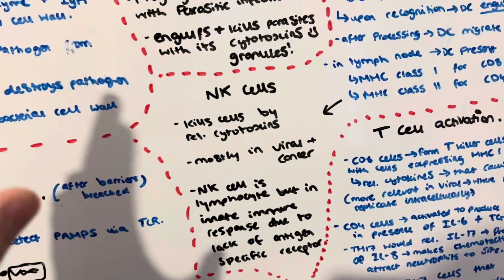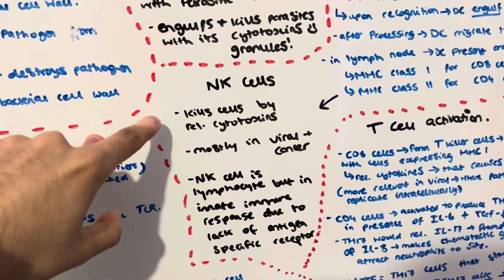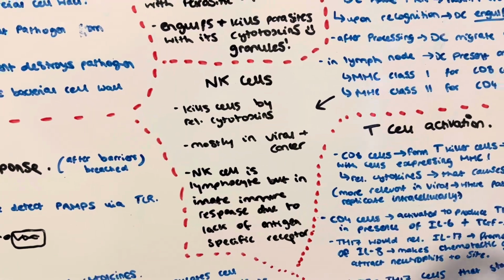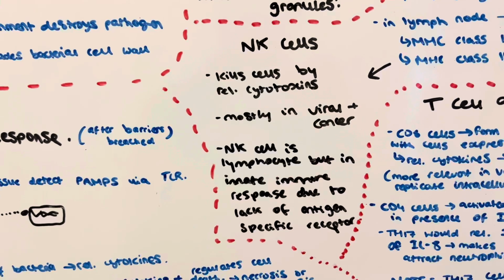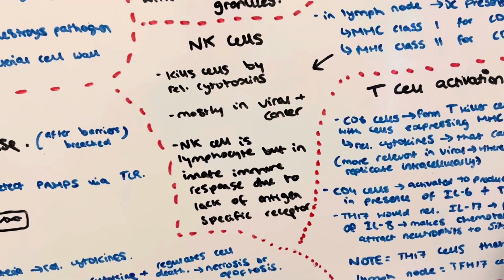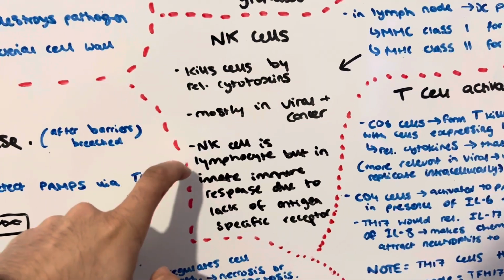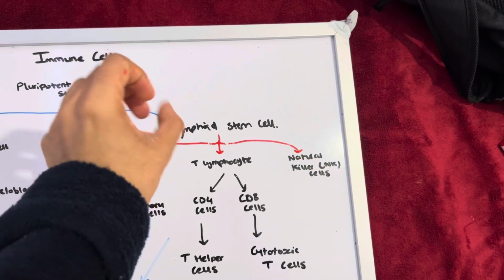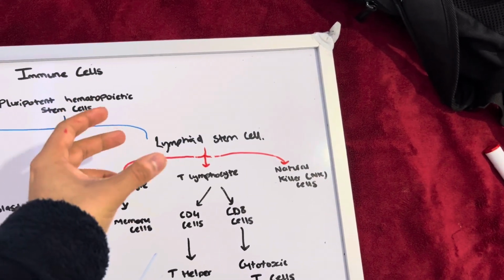And as well as this, we also have our natural killer cells. Natural killer cells kill cells by releasing cytotoxins, mostly involved in viral infections and cancer. Important thing to note here is that natural killer cells, if we look at the actual diagram, come from a lymphoid or lymphatic lineage.